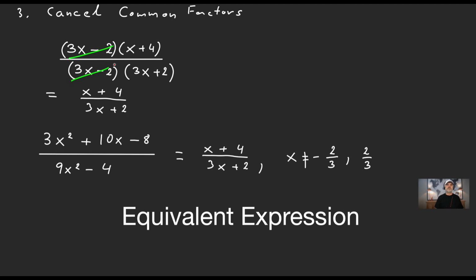So the cancellation is done when we have restrictions in place, and we avoid the possibility of dividing by 0. So when you simplify, you have x plus 4 on the top, and the bottom is 3x plus 2. So you have it.